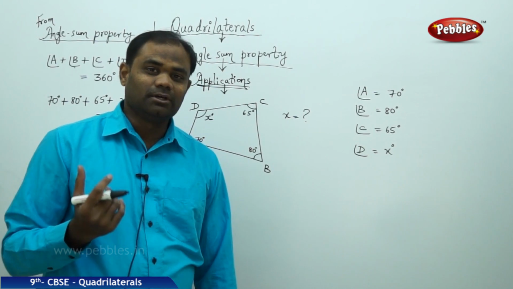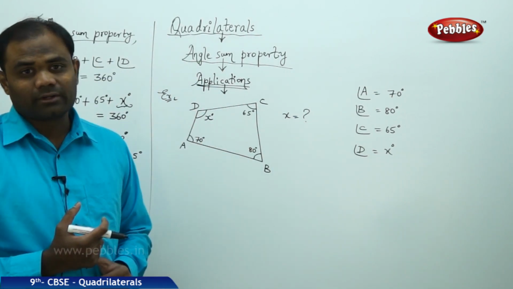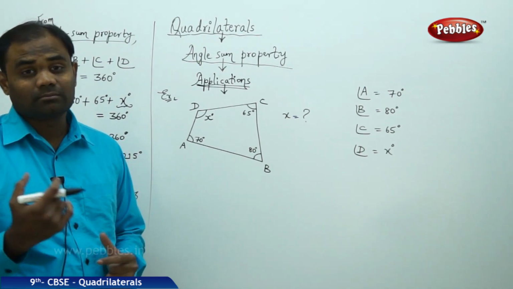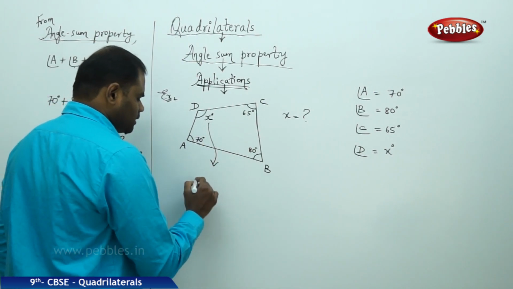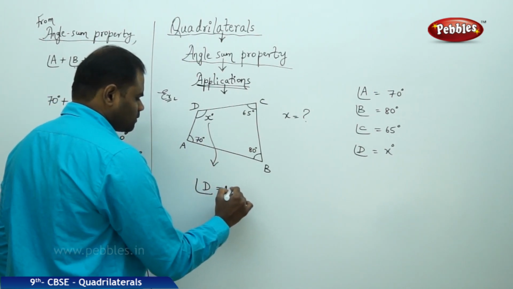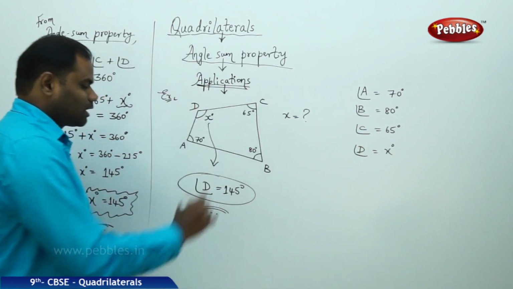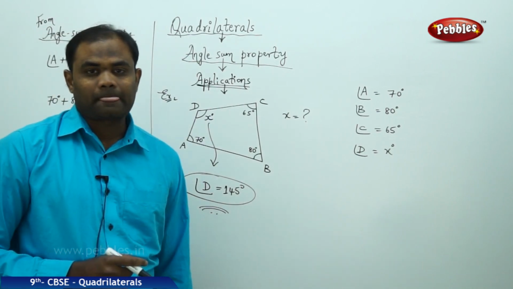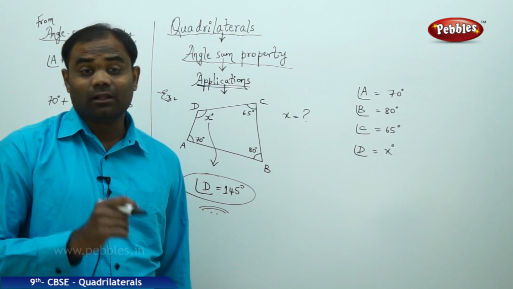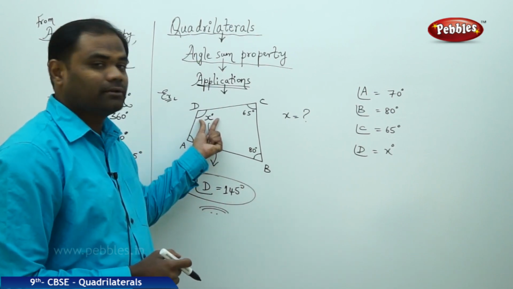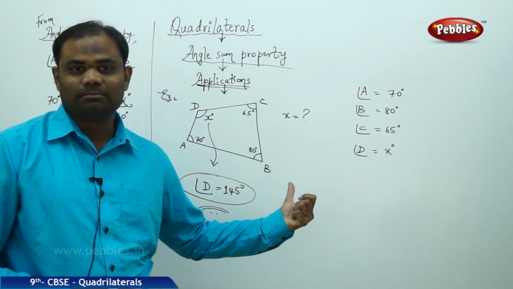My learning outcome here is that the angles of a quadrilateral can be found using angle sum property. In this case, my unknown angle, angle D, is found to be 145 degrees. Angle sum property helps us in finding the unknown angles of the quadrilateral, 145 degrees in this example problem.